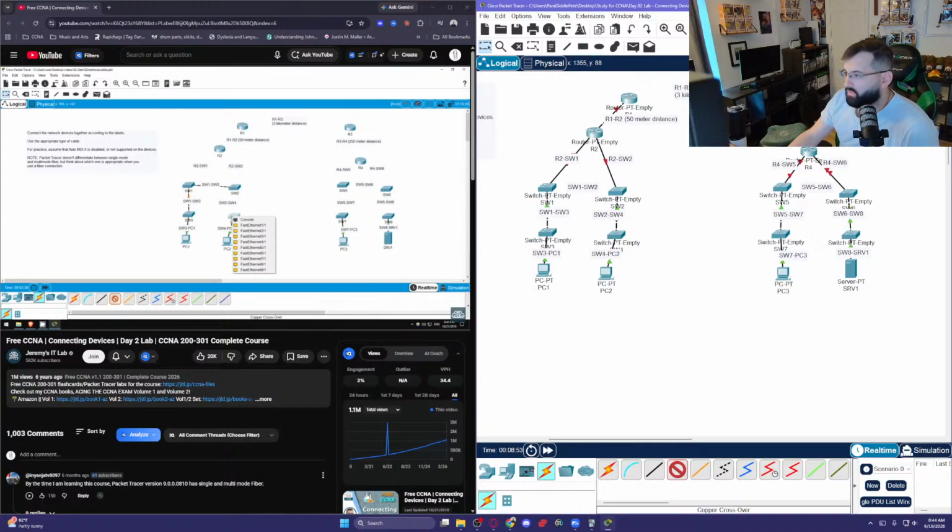Oh, it's too big of a difference. I don't think I can connect this because 3 kilometers, that's big. That needs fiber. So I think single fiber will do it.